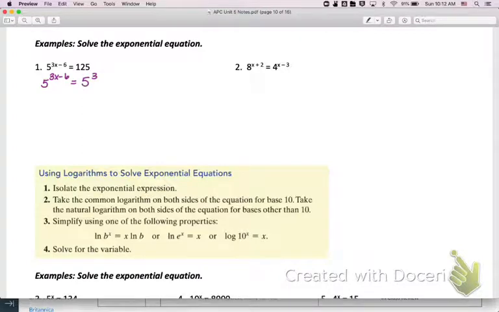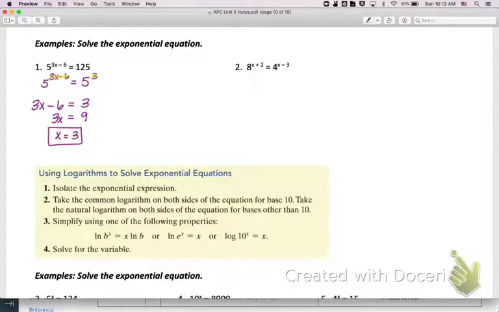If I know that that is true, then these two exponents must be equal to each other. So we simply create a new relationship: 3x minus 6 has to be equal to 3. That's an equation that's pretty easy for us to solve, and we get that x is equal to 3. If you plug that in, we get 5 to the third equals 5 to the third.